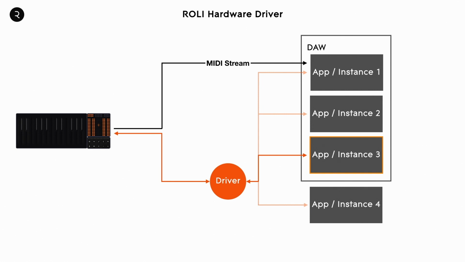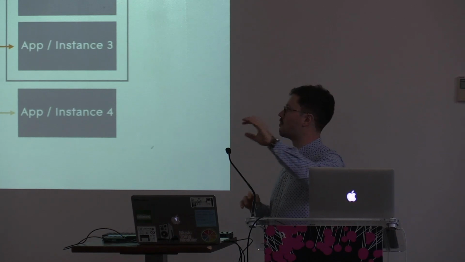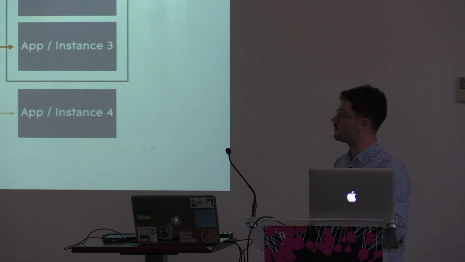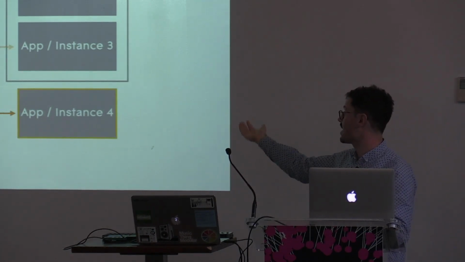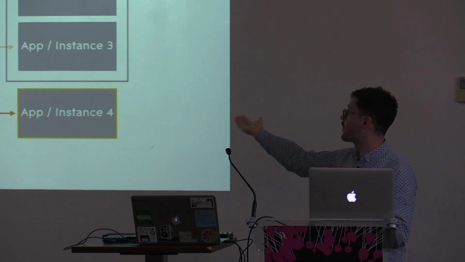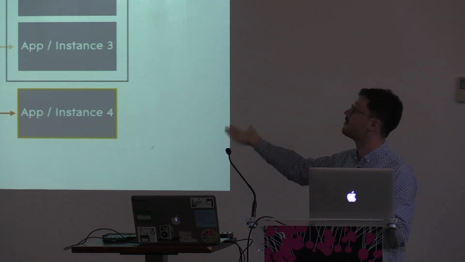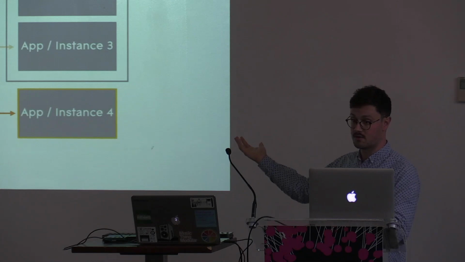So let's leave that ARP on that block. But if I introduce another block now, I can go back to that first instance and control the XY pad. So it really allows me to have this extended instrument, but also modularize it across different plugins, so I can be controlling things simultaneously. And again, I could go to a plugin or an app outside of the DAW environment, say to do firmware updates or something, and I could be in control of them.